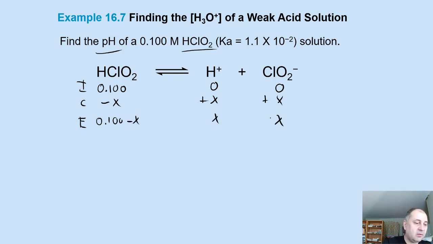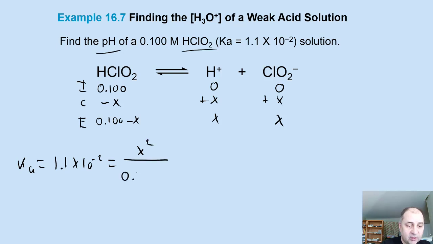And if I plug that into the equilibrium expression, which is Ka, but we of course know what the number is, 1.1 times 10 to the minus 2 is then equal to x squared divided by 0.100 minus x. I'm going to assume, and we'll see if that's true because we'll do percent ionization, that that's negligible, but this is rather large, so maybe not.